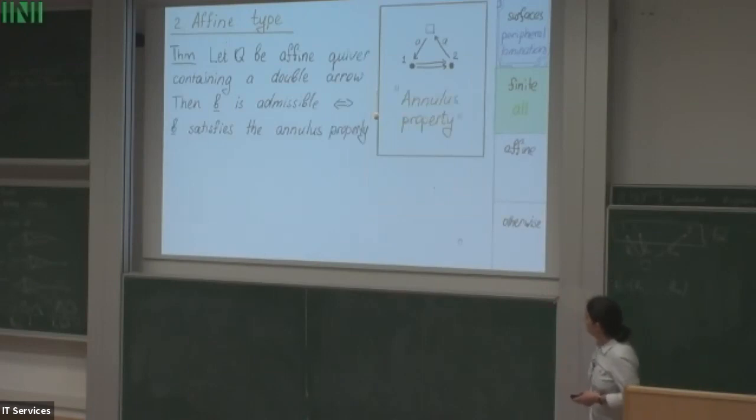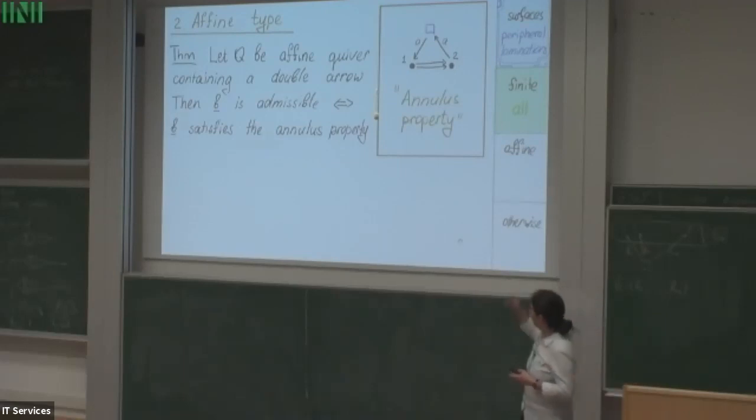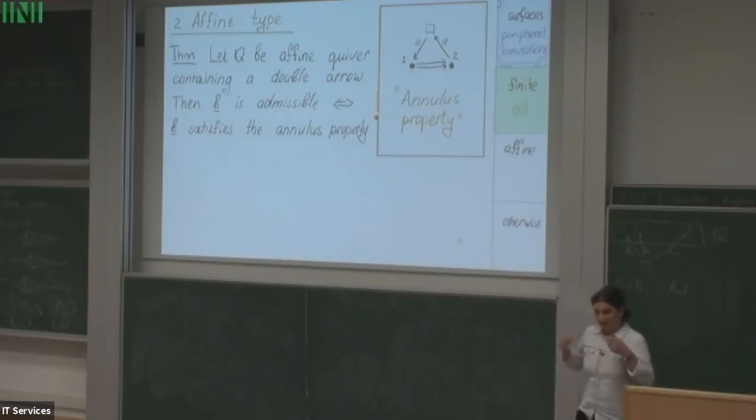So the statement is that if I have an affine quiver containing a double arrow, then the only thing I need to check for my vector B is whether it satisfies this annulus property. If it does not satisfy, then clearly it's not mutation finite because of the annulus. And if it does satisfy, then miraculously it is enough. You don't need to check anything else.